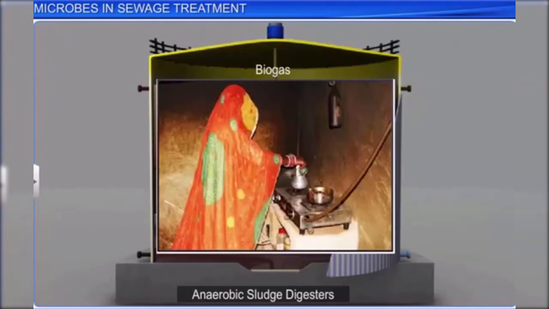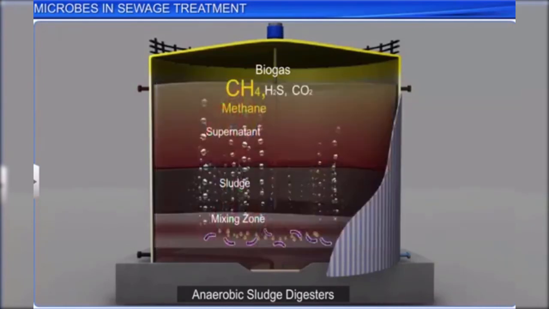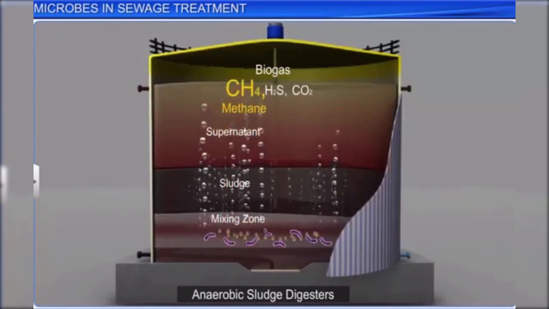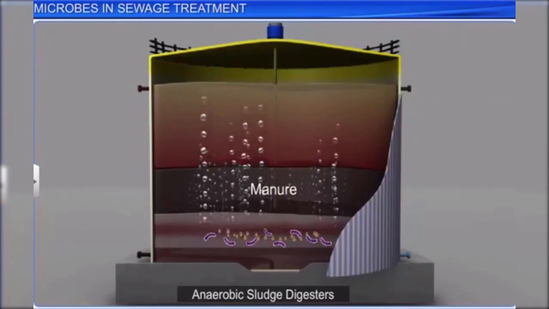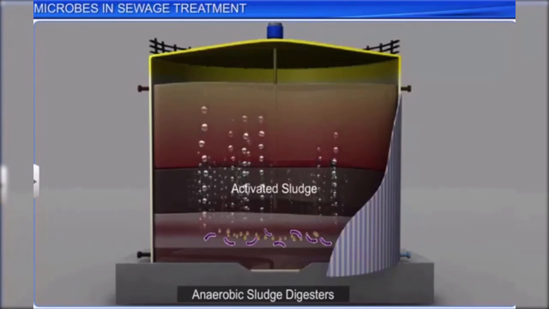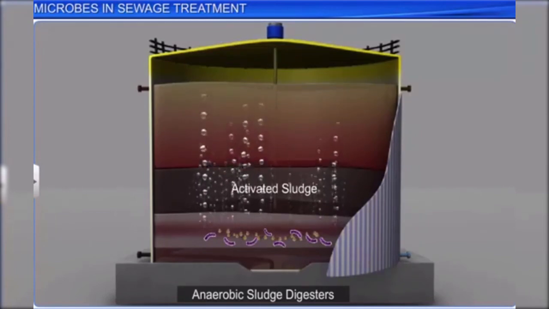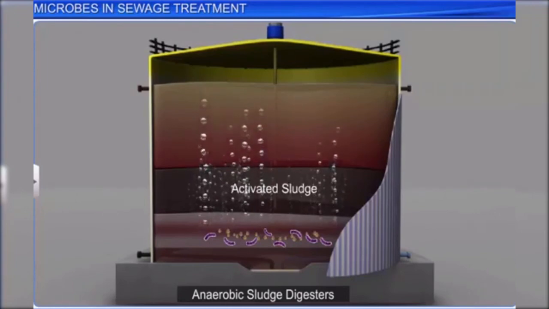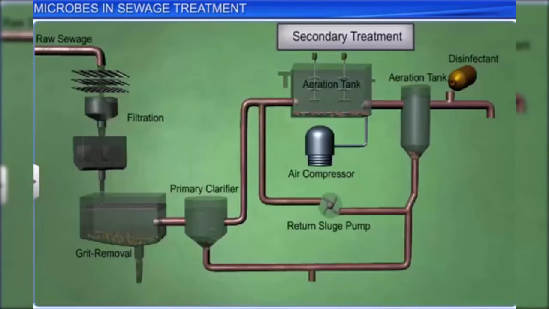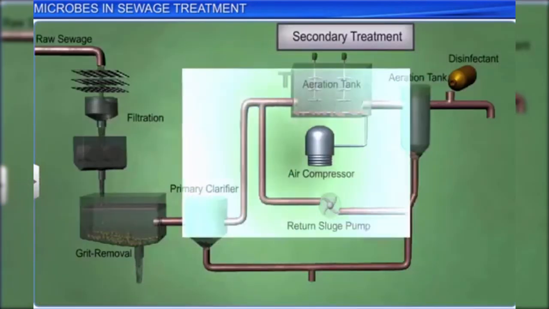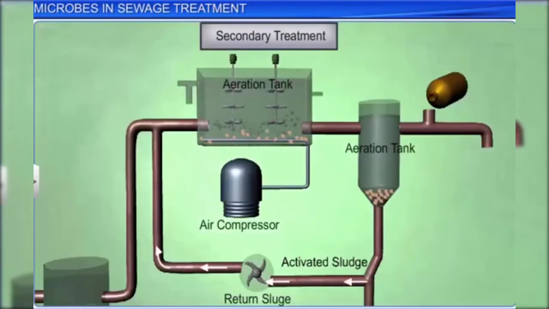It is used to produce heat in homes and factories. The sludge left after digestion of both aerobic and anaerobic bacteria is used as manure and is called activated sludge. The effluents that now remain from the secondary treatment plant are now fit to be released into natural water bodies like rivers and streams. However, a small part of the activated sludge is pumped back into the aeration tank to serve as inoculums for subsequent treatments.